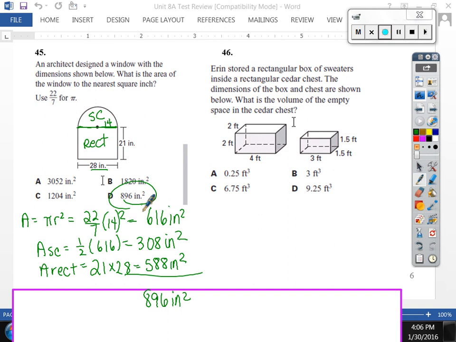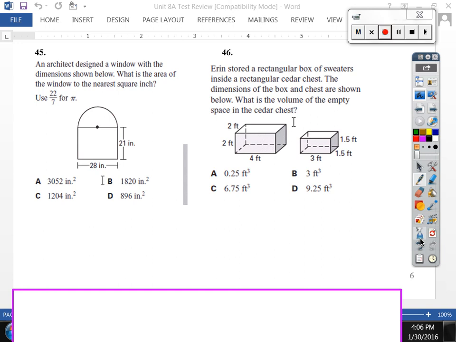Now, 46 is kind of a similar situation, except we're using volume. We have a big cedar chest. We're putting a little box in there, and we want to know after we put the box in, what's the volume of empty space. The volume of the empty space is going to be the volume of the chest minus the volume of the box. The volume of the chest is 2 times 2 times 4, which is 16.